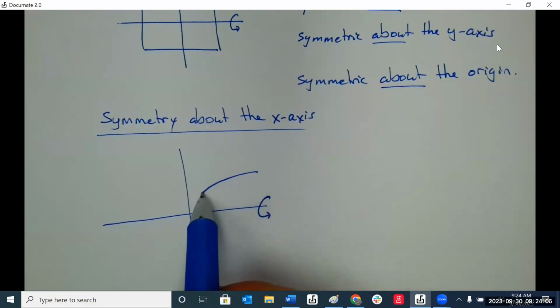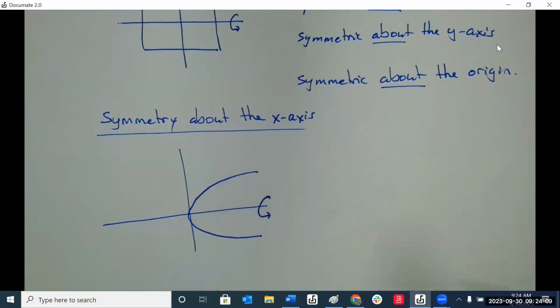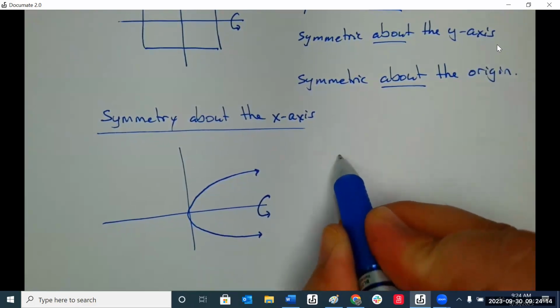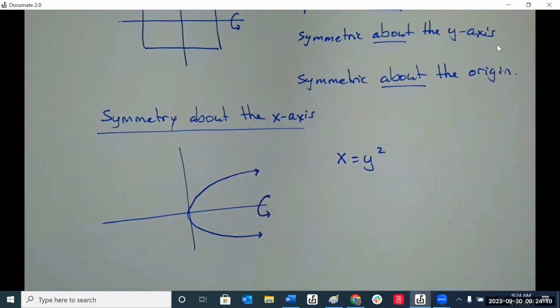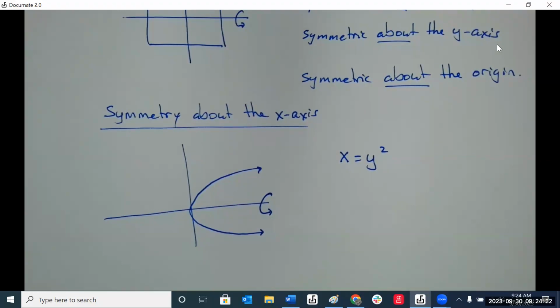Let's look at a hyperbola. So how do we know it's symmetric about the x-axis? Mathematically. Yes, you described it in words, but now let's put it in math. You haven't proved it yet.